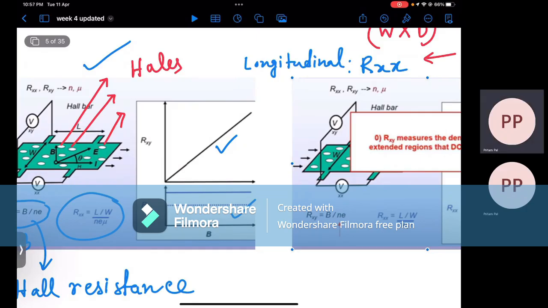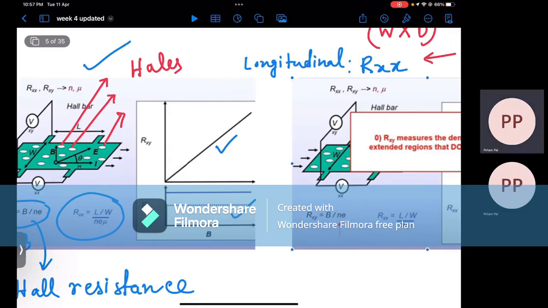The reason for that is that as the current goes around these holes and between these holes, the current will have to speed up a little bit, and speeding up will increase the Hall resistance.